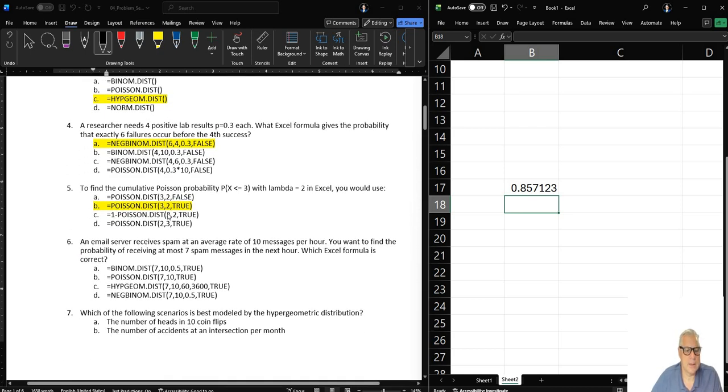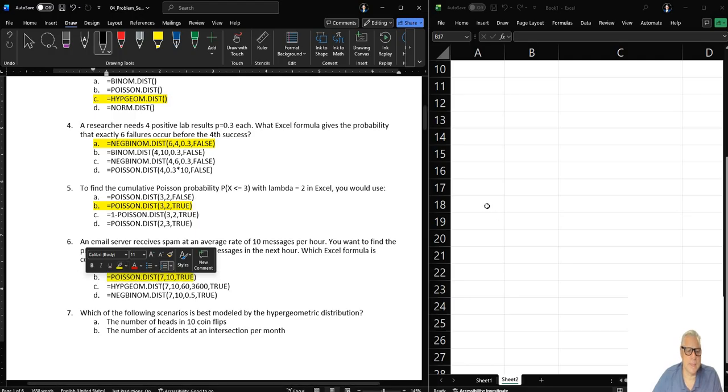Okay. So next one, an email server receives spam at an average rate of 10 messages per hour. Okay, that already hints towards a Poisson. You want to find the probability of receiving at most 7 spam messages in the next hour. Which Excel formula is correct? So it has to be the Poisson distribution.